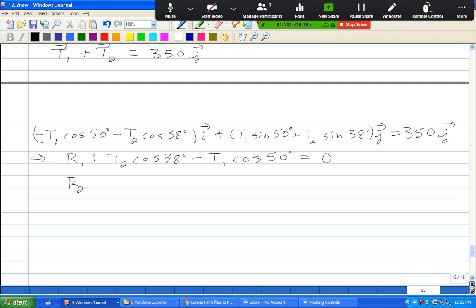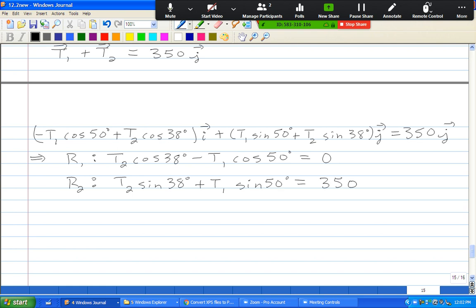And let's do R2. So T2 sine of 38 degrees plus T1 sine of 50 degrees. So in the J component, that's equal to 350.